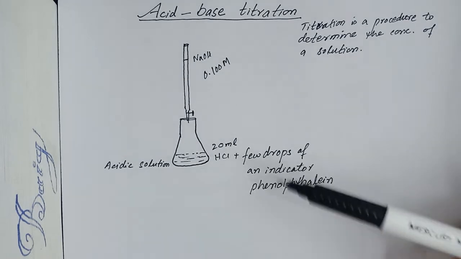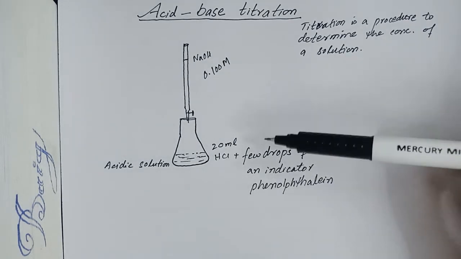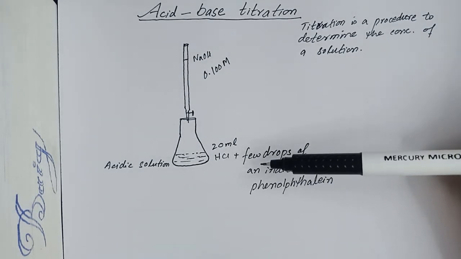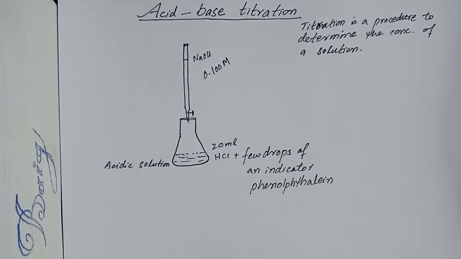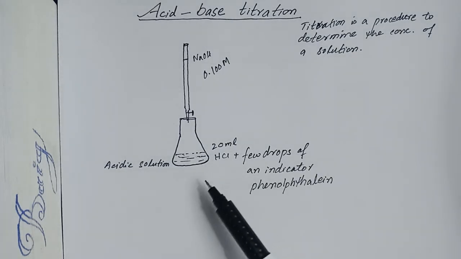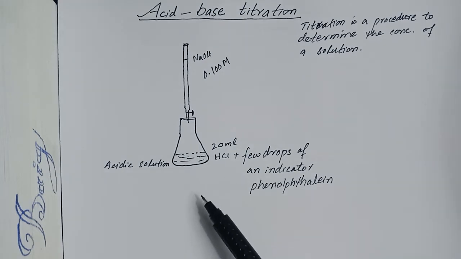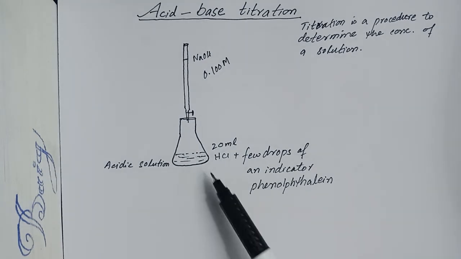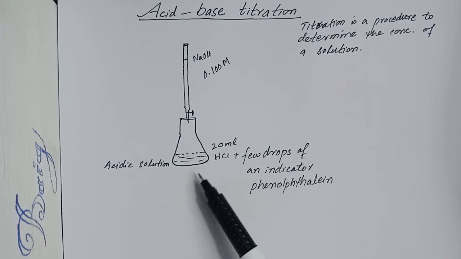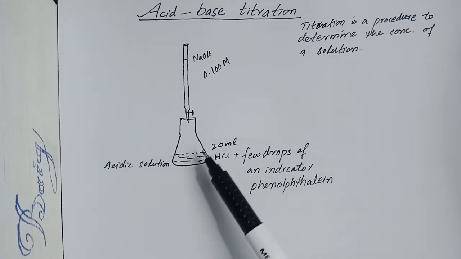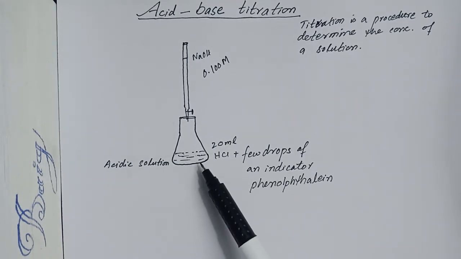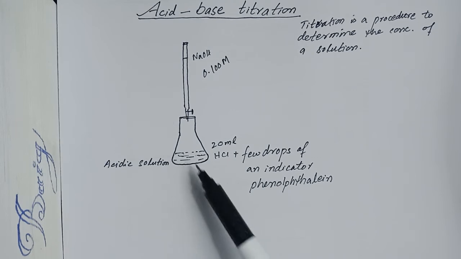We allow the sodium hydroxide to drip into the HCl solution drop wise, which has a few drops of indicator, and we need to swirl the flask slowly so that the sodium hydroxide dropping into the conical flask dissolves uniformly in the HCl solution.